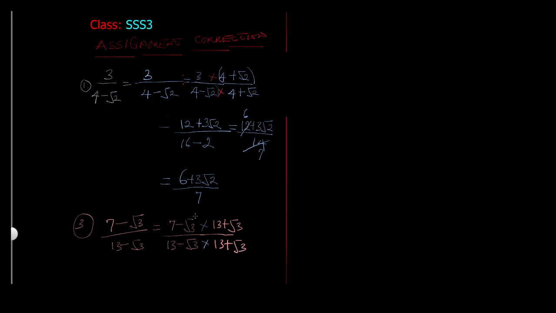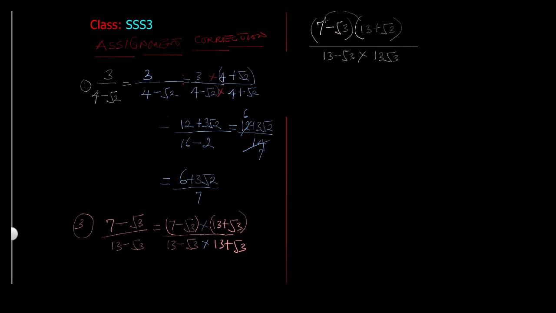So we can put this in brackets so that our multiplication will be seamless. Let's write it out here, and that is 7 minus root 3. We're going to multiply with this 13 plus root 3, over 13 minus root 3 times 13 plus root 3. Okay, let's start our multiplication.